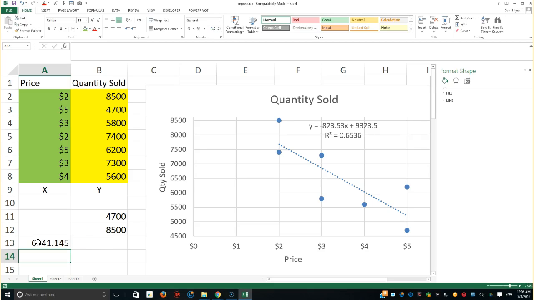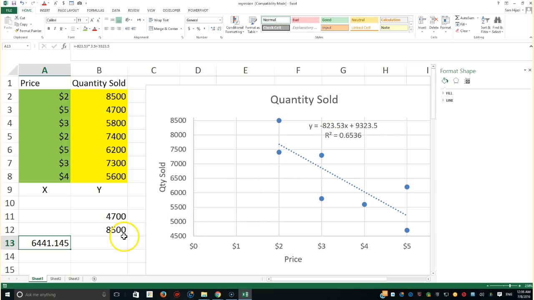And here we go, that's the predicted quantity sold at the price of 3.5. So this is very helpful when we do the trendline and emphasize getting the equation and the R squared.